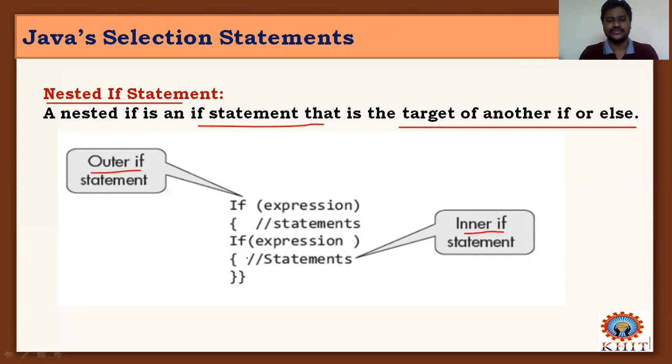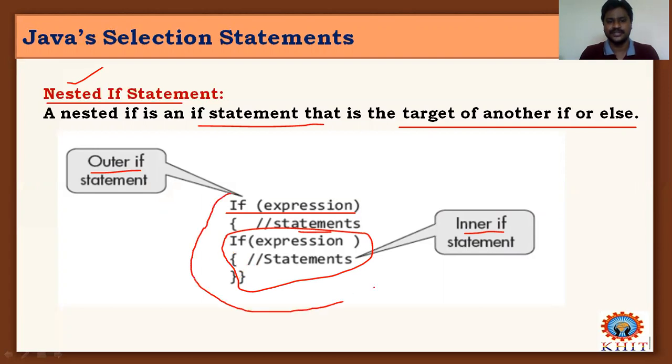So one if statement contained inside another if statement is a nested if. We can also design the flow of execution of programs with this type of declaration of statements.